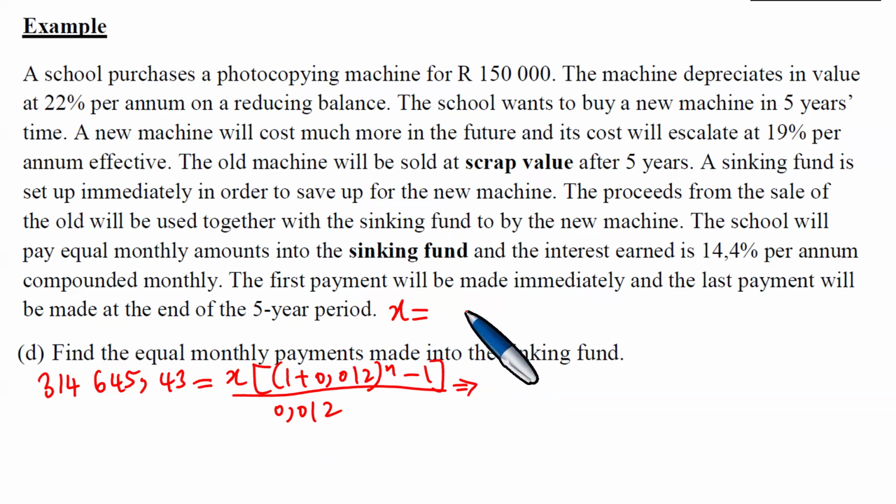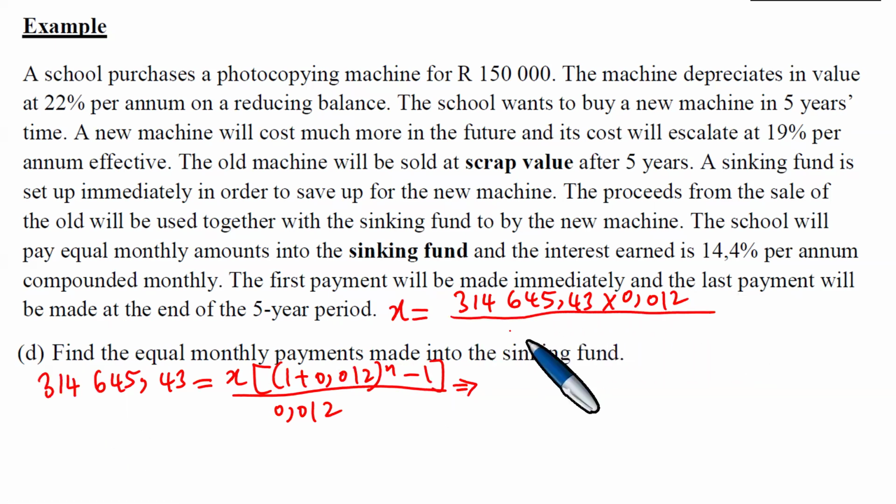So X equals 314,645.43 times 0.012, divided by 1 plus 0.012 raised to the power of 61, with a total of 61 payments.